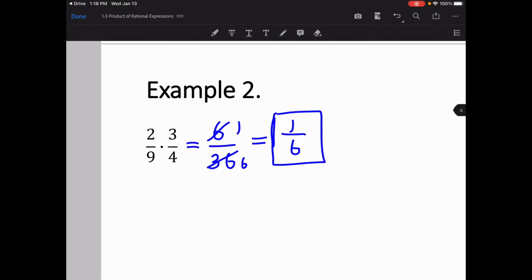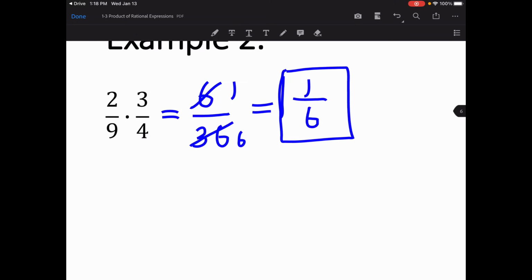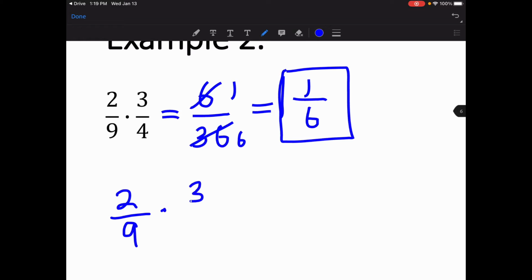Another way to do that, if you don't want to multiply first: if I have 2 over 9 times 3 over 4, I can reduce first. Looking at the numbers diagonally, I can see that I can reduce 2 and 4. 2 divided by 2 gives me 1, and 4 divided by 2 gives me 2. Then I look at my other two numbers, 3 and 9.